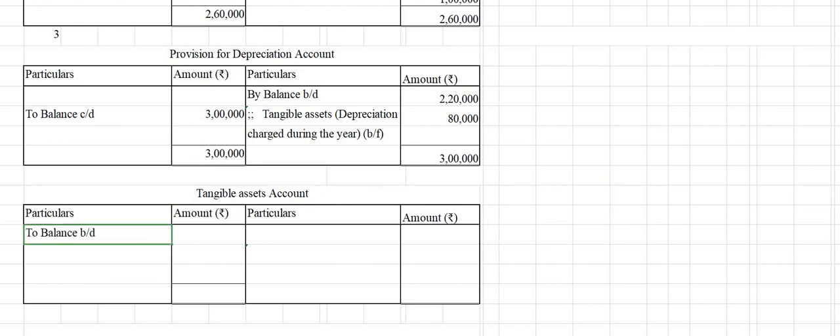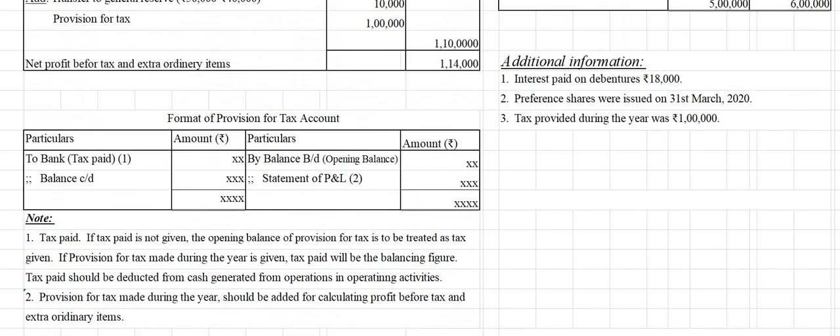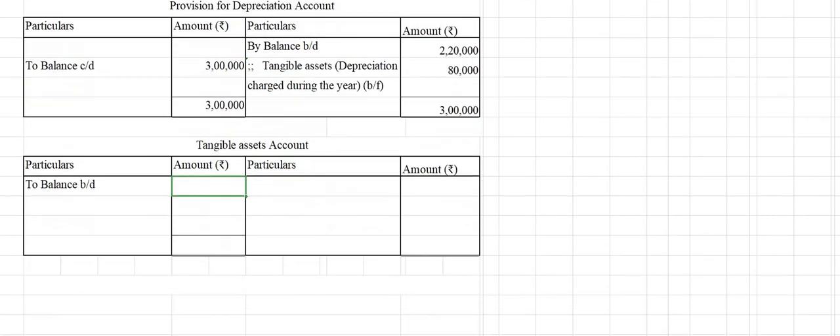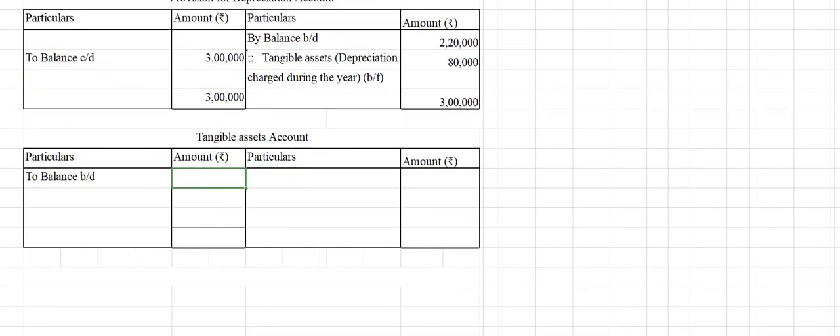To balance brought down, let us take the net value. 6 lakh is the balance brought down. 6 lakh was the opening balance. And the closing balance we know it is 5 lakh. Okay. And depreciation is the decrease in the assets, so it will be credited. Depreciation, how much? 80,000 is credited.